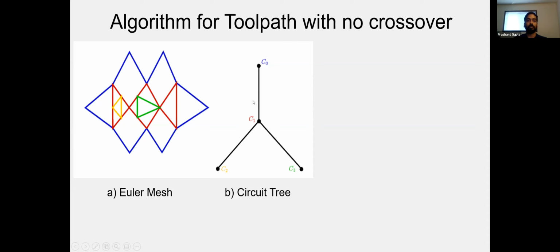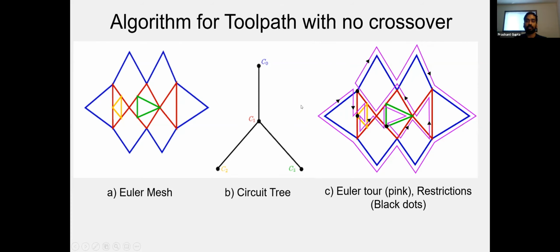Once we have these circuits, based on their connectivity, we build a circuit tree, which means each node is a circuit and they are connected by an edge, and it doesn't have any cycle. Once we have a circuit tree, based on its edges, we add these restrictions into our Euler mesh. When we start traversing this Euler mesh, let's say from the outside, as we hit the first restriction, we switch the circuit.